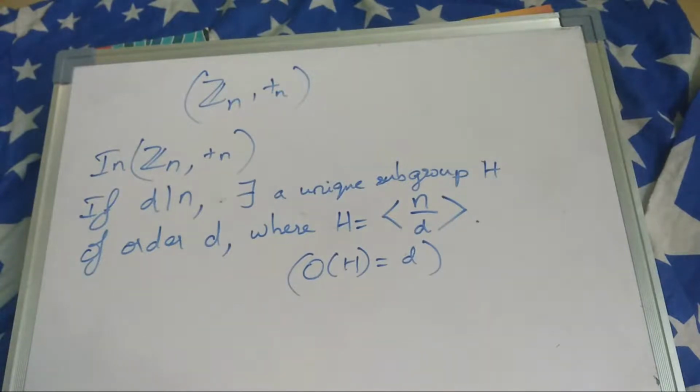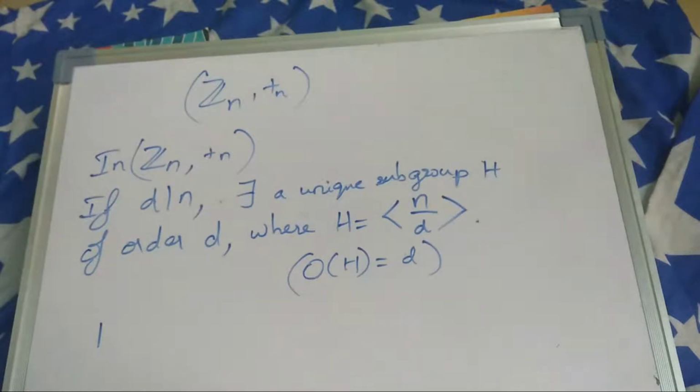There are even more crucial properties of Zn. When we saw Z6 and Z12, one happens to be a generator for Z6, and even in Z12, one happens to be a generator.